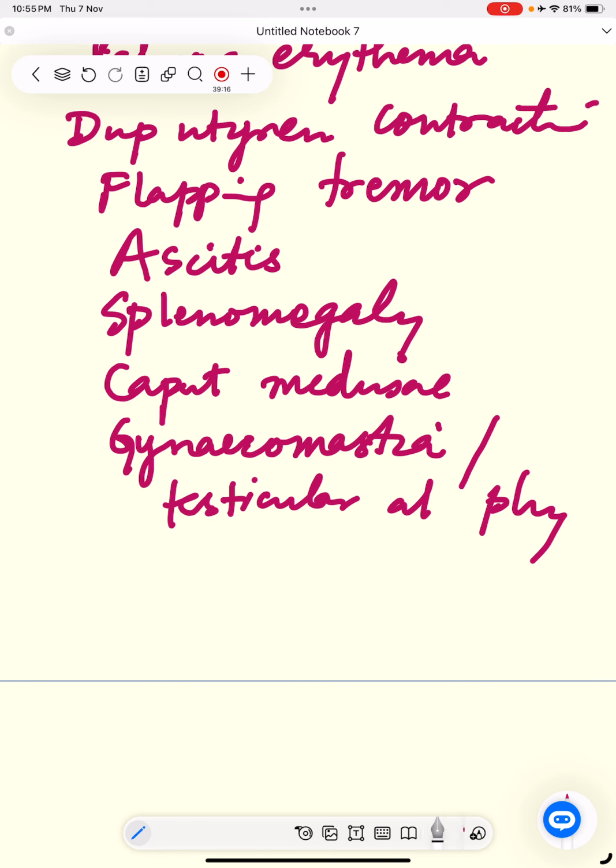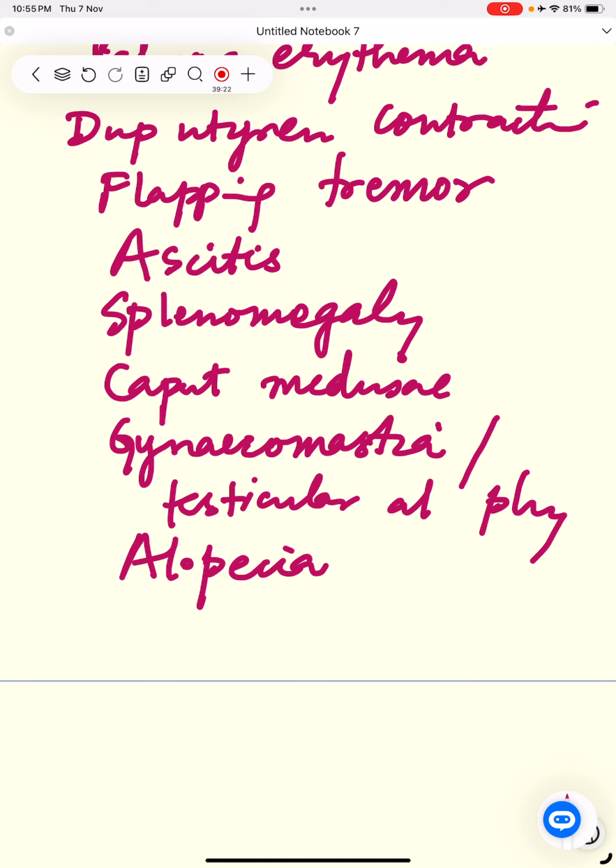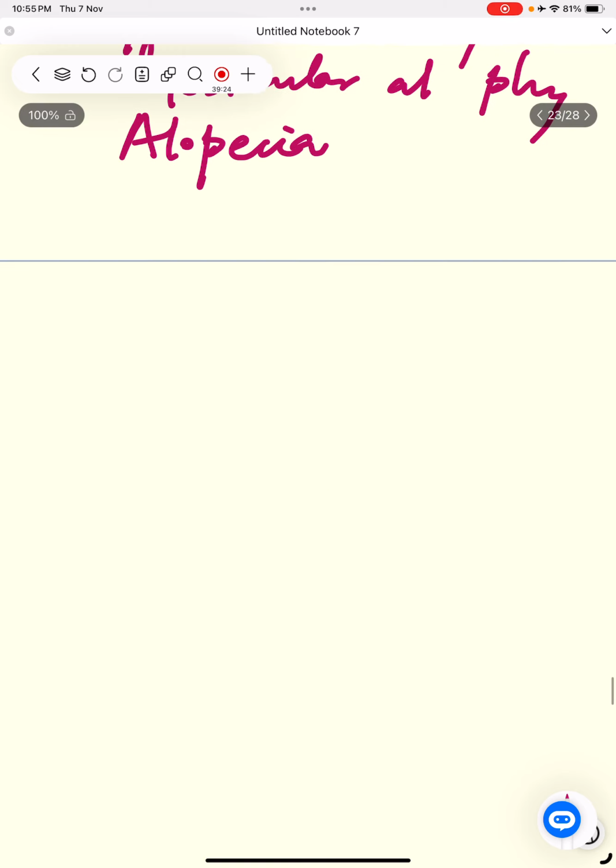And then of course alopecia, loss of hair. So these are the signs and symptoms that we will see in cases of liver cirrhosis.